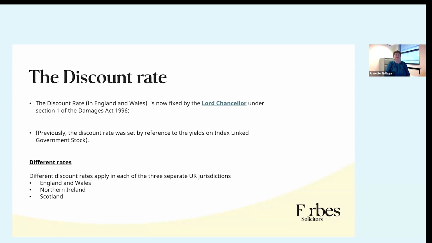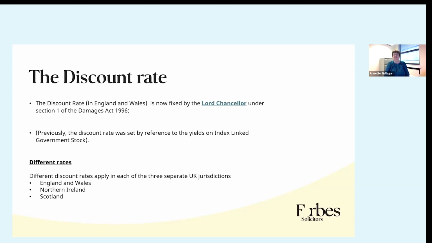The discount rate, certainly in England and Wales, is fixed by the Lord Chancellor under Section 1 of the Damages Act 1967. Before that, the way that, for example, in Wales they applied the discount rate was to assume that it was based on the index-linked government stock, which is quite a low risk investment.